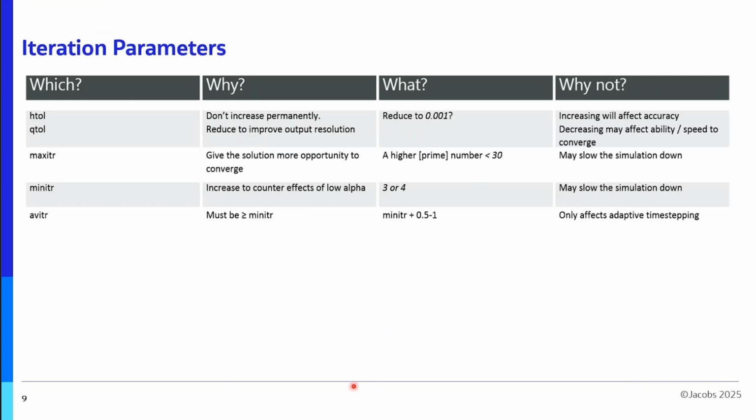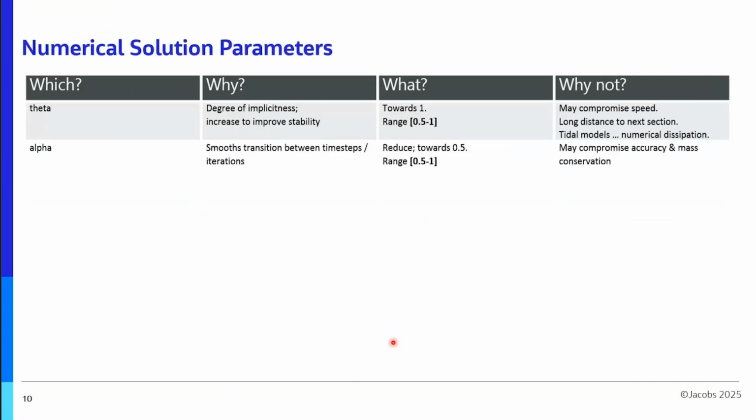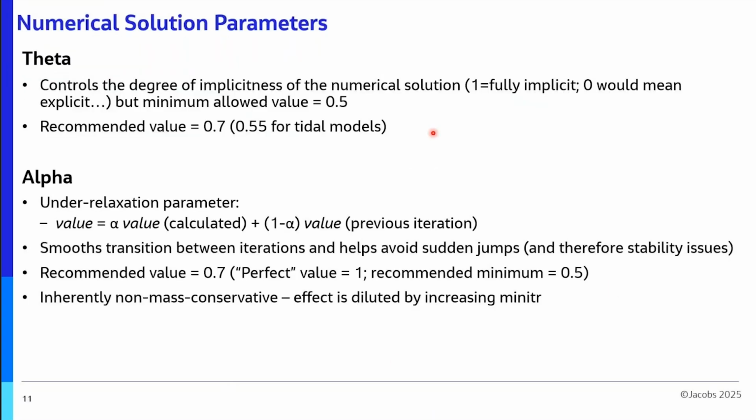Okay, so I'm going to move to the next set of parameters, which is the numerical solution parameters, which are theta and alpha. Again, a quick definition of what they are. Theta controls the degree of implicitness of the numerical solution.